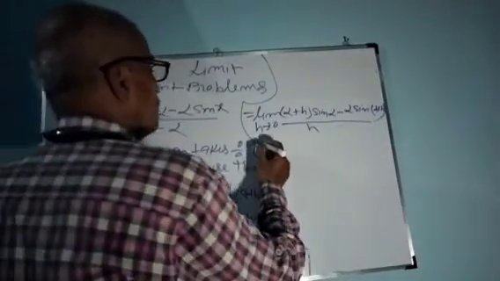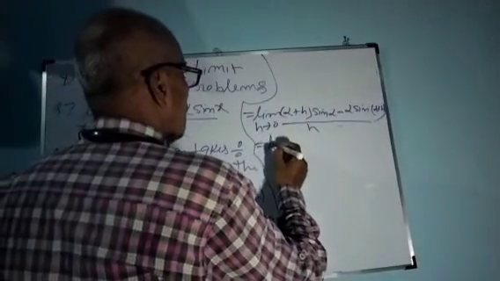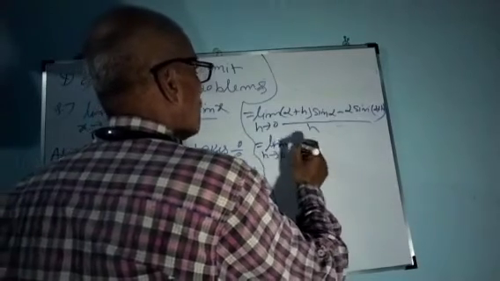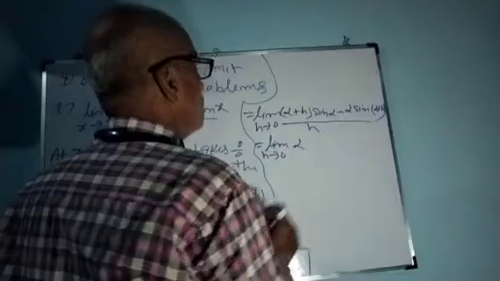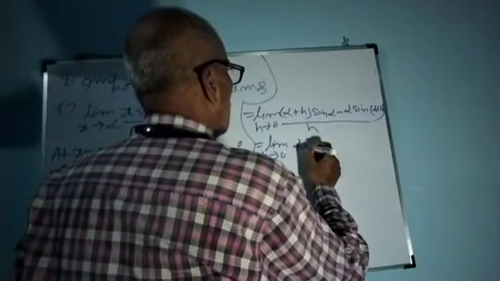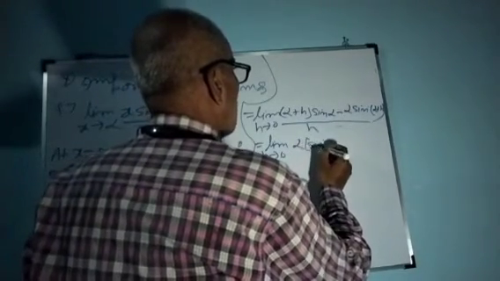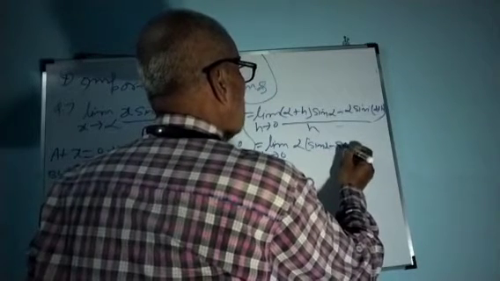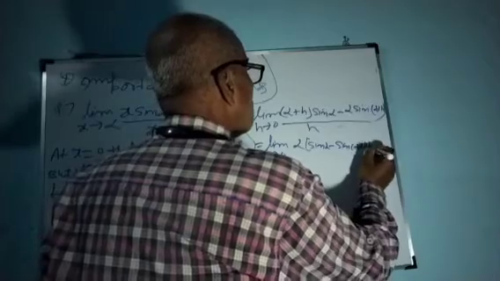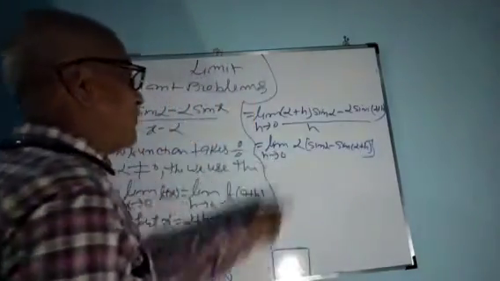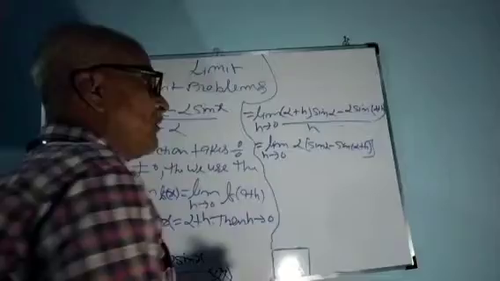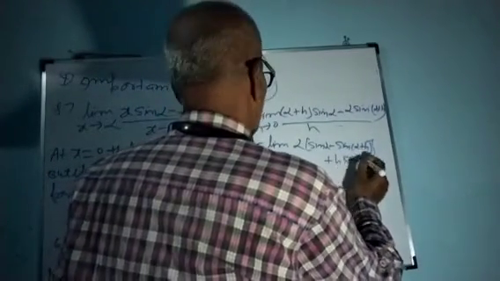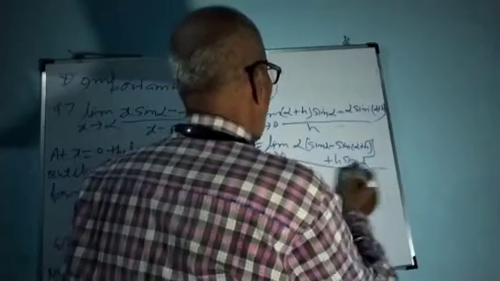This is equal to limit h tends to 0 of alpha (sin alpha minus sin(alpha plus h)) plus h sin alpha, by h.